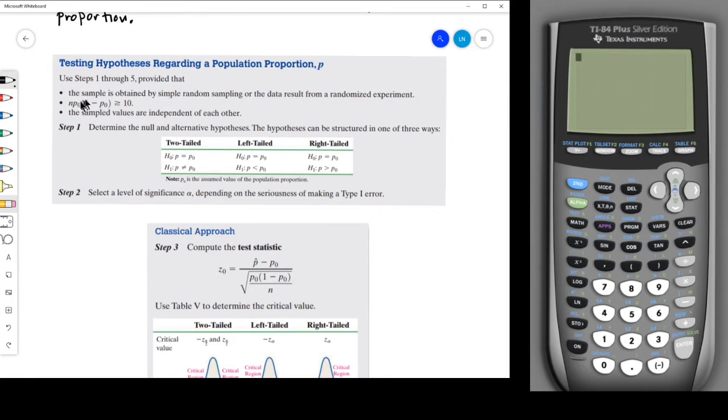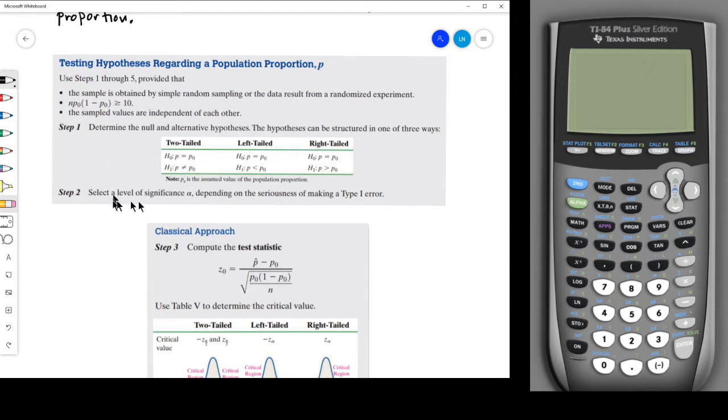You start with the sample obtained by a simple random sample, where the data is a randomized experiment. You check that your sample size is large enough with this condition, and then you check that the values are independent of each other by checking that the sample size is less than or equal to 5% of the population. You determine your null and alternative hypotheses.